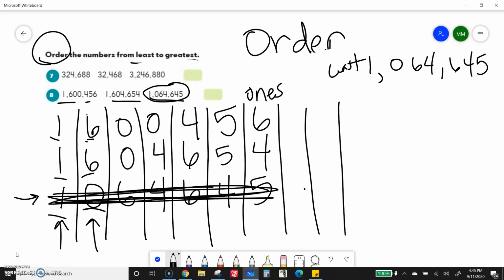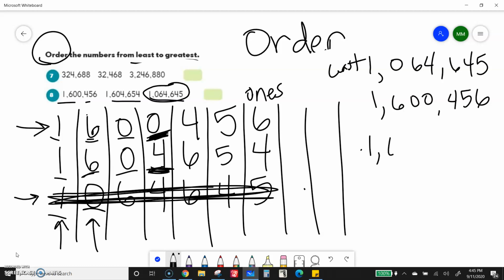So I'm down to these two. So 6, 6. They both have no 10,000s. Now the thousands place, this one has 0, this one has 4,000. I know 0 is less than 4, so that tells me this is my next smallest: 1,600,456, leaving 1,604,654 as the biggest.